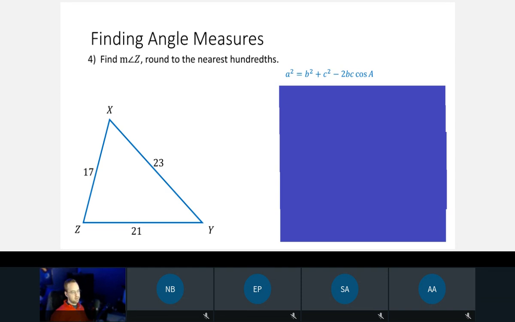73.65. 61.18. So we're kind of torn between 73.65 and 61.18.